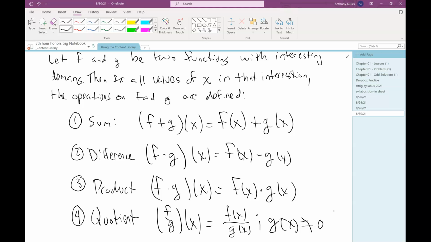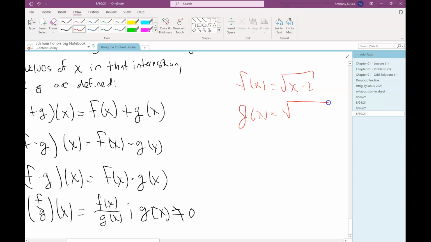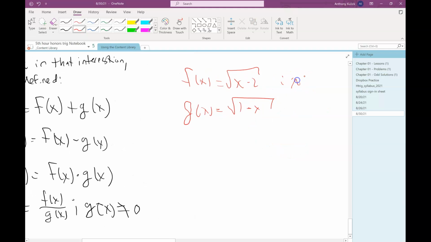Well, imagine that we have like f of x is the square root of x minus 2, and then g of x is the square root of, let's say, 1 minus x. The domain here is the x's that are greater than or equal to 2.